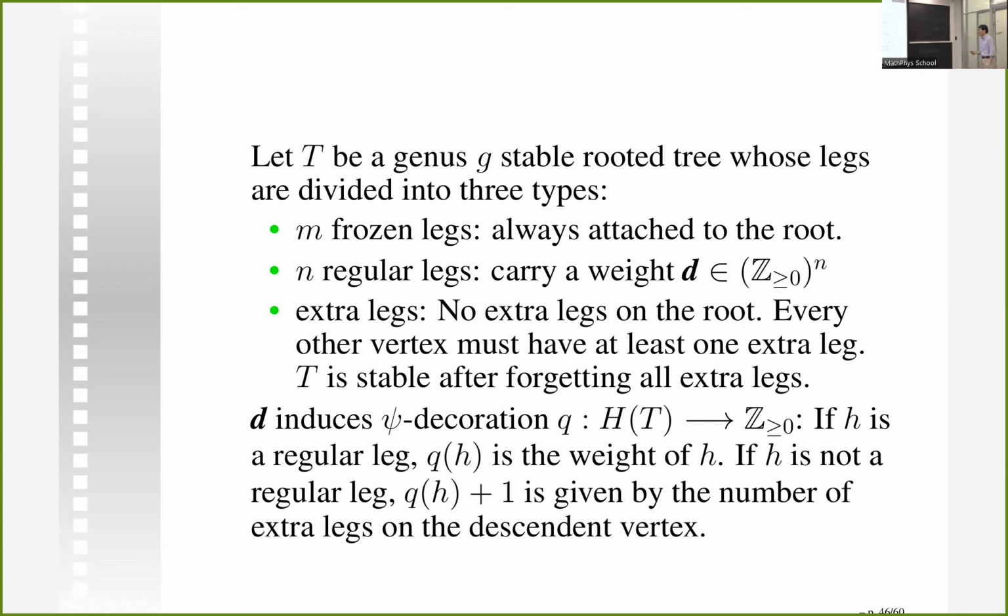We require T to be stable after forgetting these extra legs. And the weight on the regular legs induces a map from the set of all half edges of this tree to the set of non-negative integers. If h is a regular leg, then q_h is just the weight of h. And if h is not a regular leg, then q_h plus 1 is given by the number of extra legs of the descended vertex.